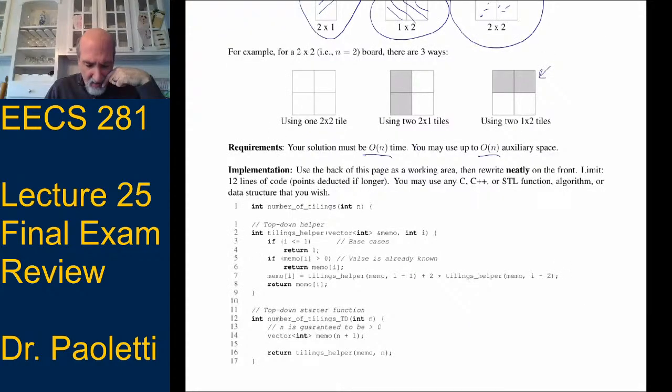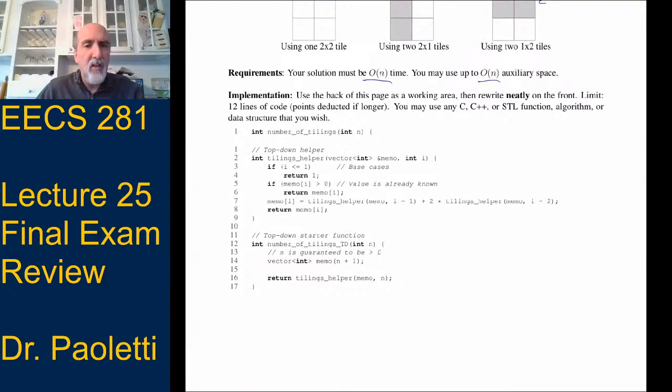I thought I had both solutions in the PDF, but now I'm only seeing one of them. Maybe I loaded the wrong one on my tablet, because if I look at the PDF I uploaded, it looks like it has both answers in there. So we're looking at the top-down version.